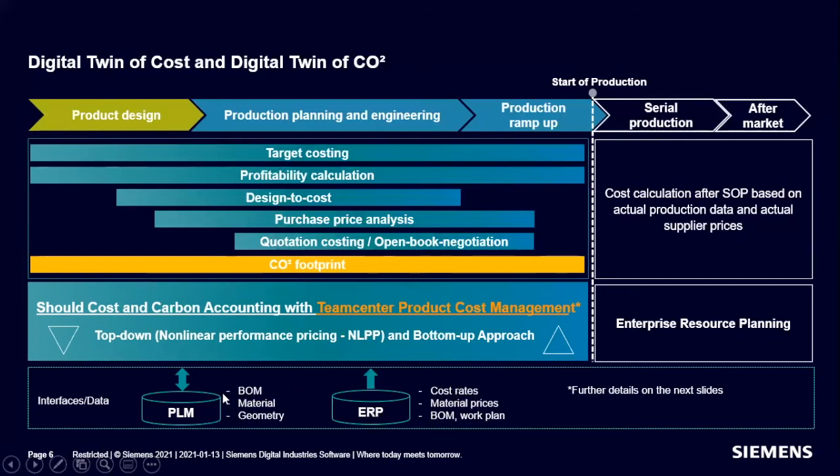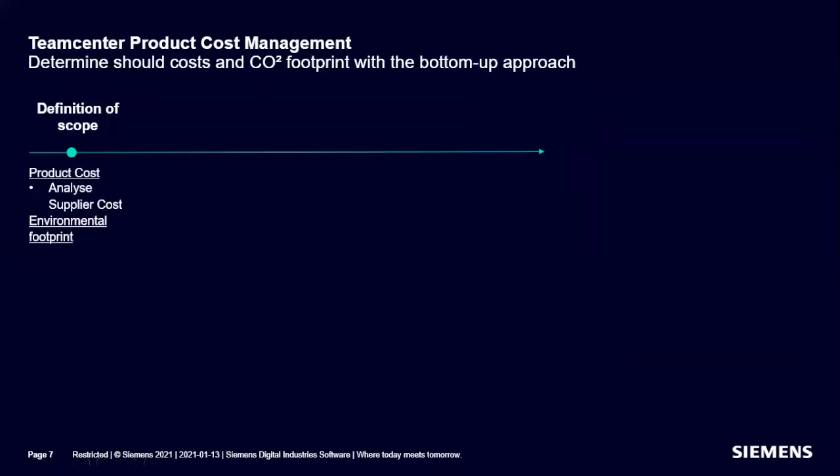All this data can be integrated into TCPCM so that you don't use only the reference data that we deliver. You can use it as a platform with your connected data to have a real mirrored, digital twin cost analysis and CO2 analysis. So how does it work?